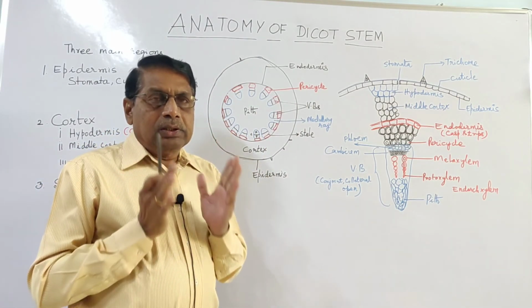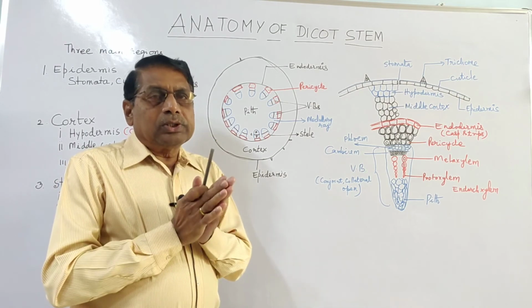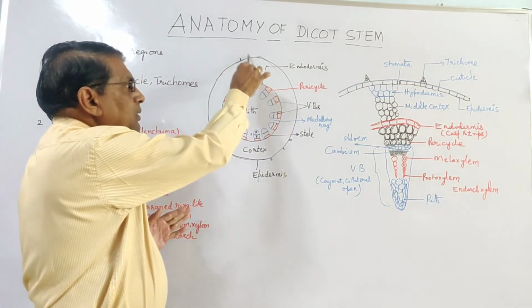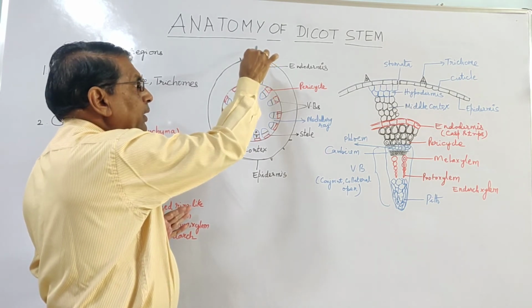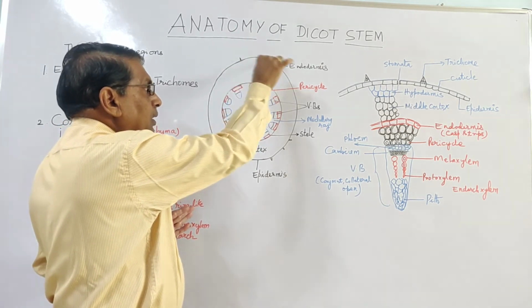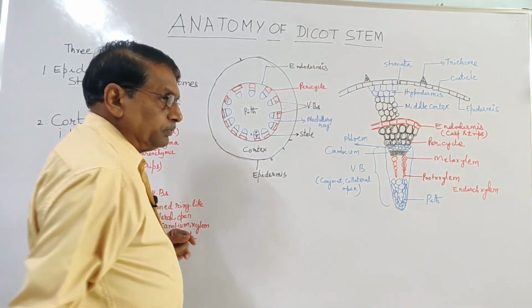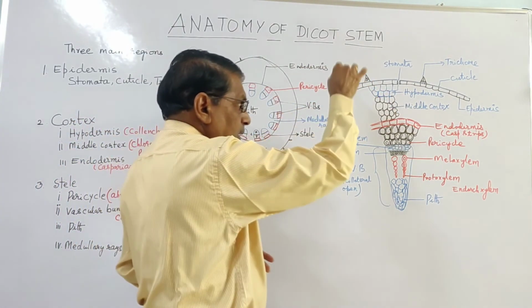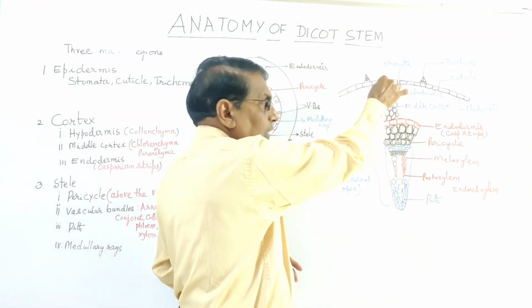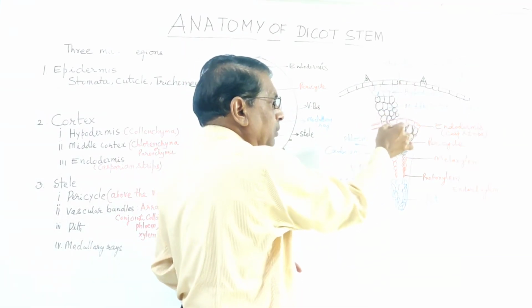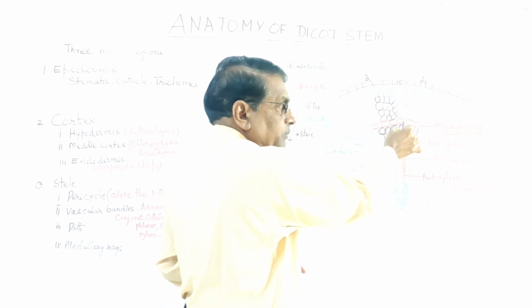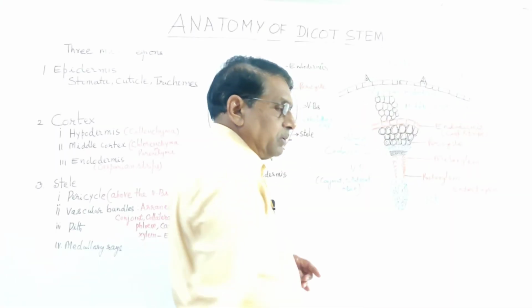So thus a simple structure. Epidermis: remember here, cuticle, cutin, stomata, then trichomes. Cortex, three parts: hypodermis, collenchyma; middle cortex, parenchyma or chlorenchyma; endodermis, Casparian strips.